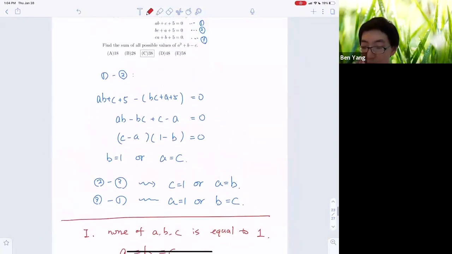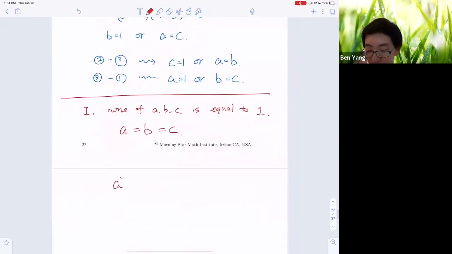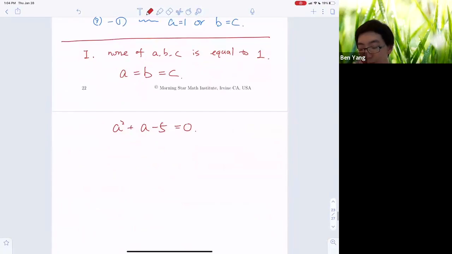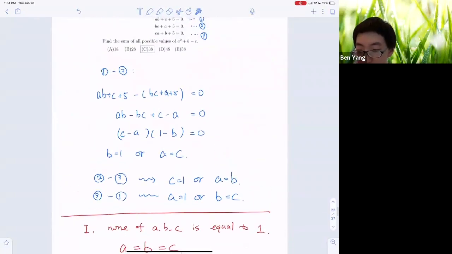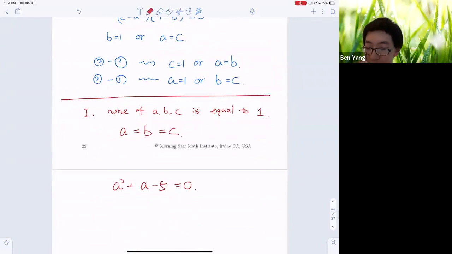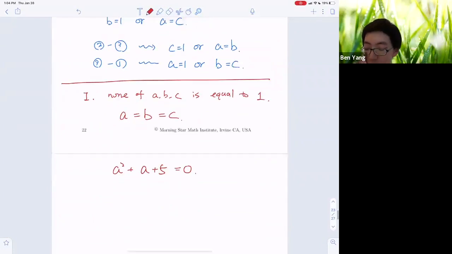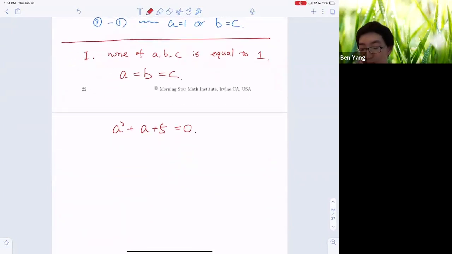Now the equation becomes A squared plus A plus 5 is equal to 0. We can look at the discriminant here, and we can tell that there's no real solution.